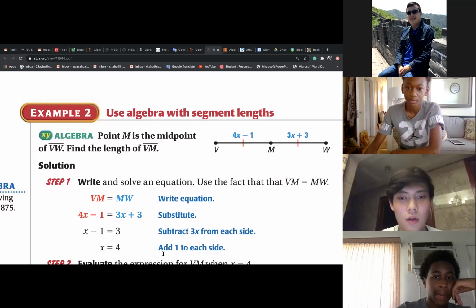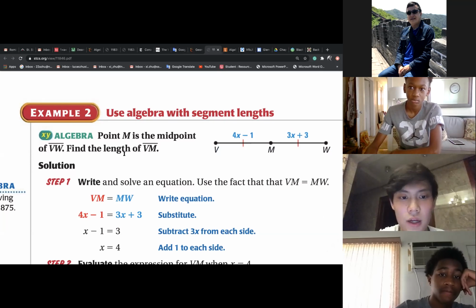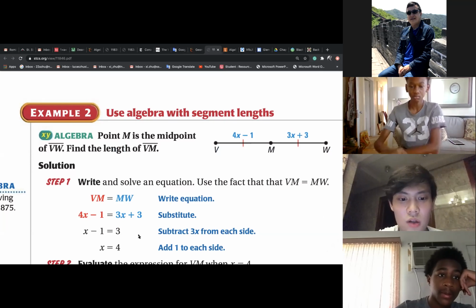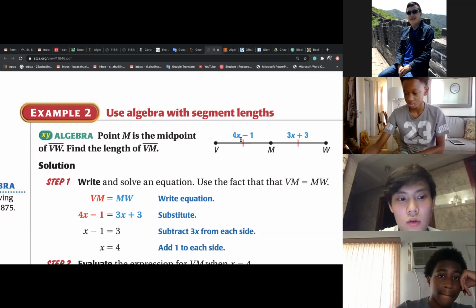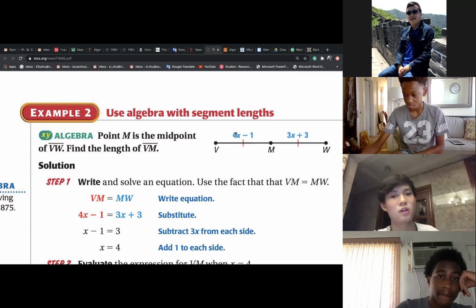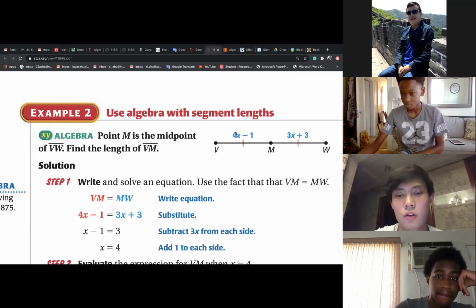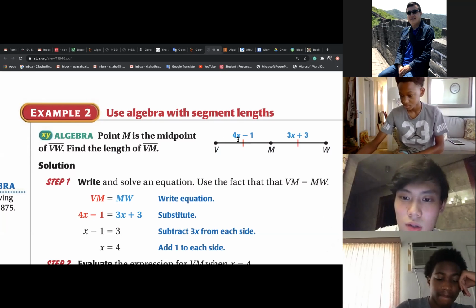But when you get x equals 4, that's not the end of the question, because you still have to solve for the distance. They are asking you to find the length, right? So you have to substitute x into the equation. So x is not the end. You just know x equals 4, but you don't know the whole distance.